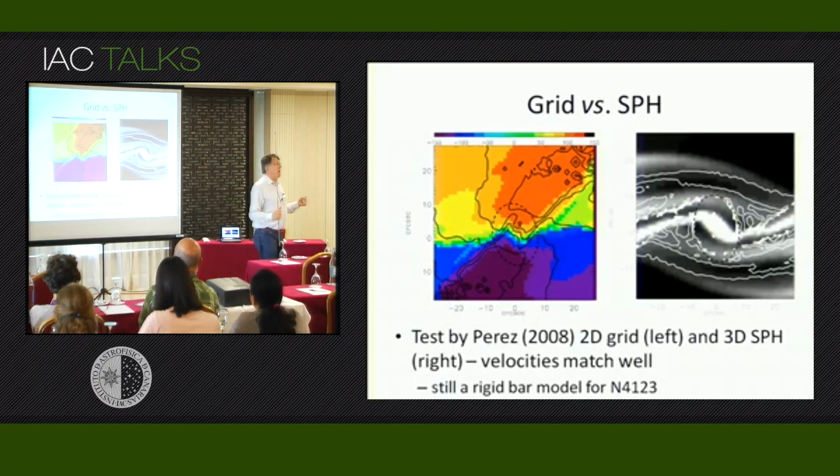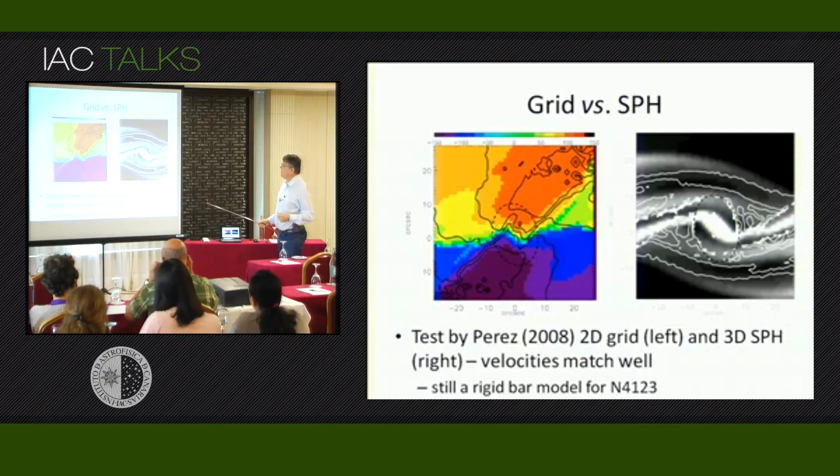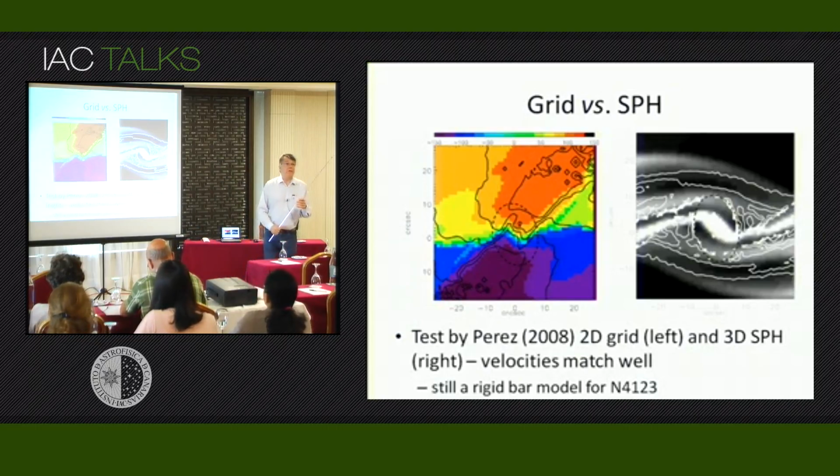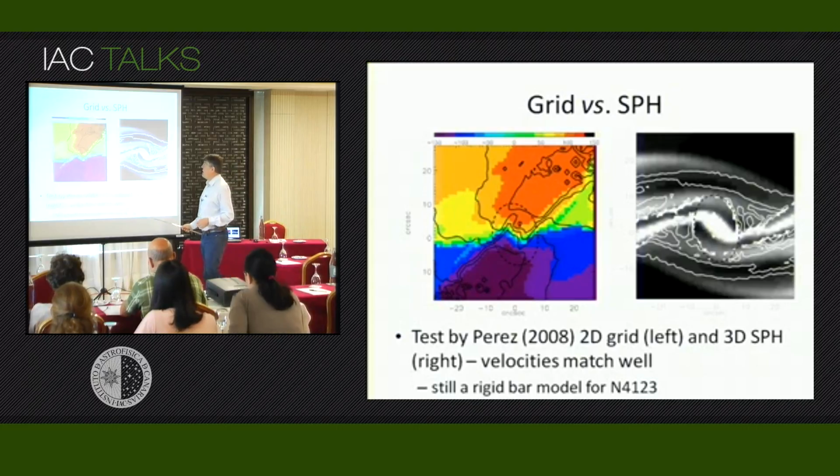The first thing I want to do is to show you that there's really not a lot of difference if you do the same kind of problem with smooth particle hydrodynamics and with grids, and you don't try to put in anything fancy like star formation and energy input, you get the same answer. So Isabel Perez did this in 2008.